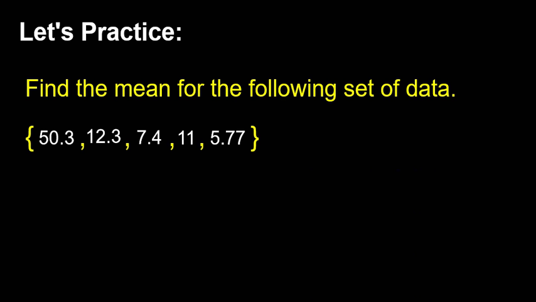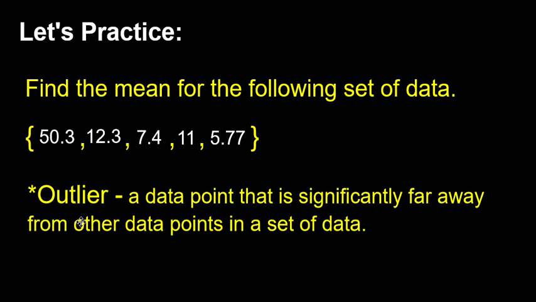Moving on. The last page says find the mean for this set of data. We're not actually going to find the mean, but you'll notice one of the numbers changed. Instead of 5.03 or 5 3/100, I now have 50 3/10. This is called an outlier. It is a data point that is significantly far away from other data points in a set of data.